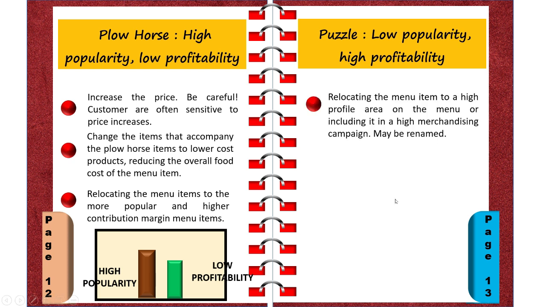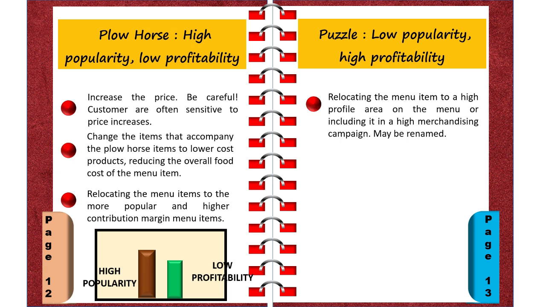First of all, relocating the menu item to a high profile area on the menu, or including it in a high merchandising campaign. We can also use a high selling technique, and maybe we can rename the product so that the customer will be automatically interested to select that particular dish.